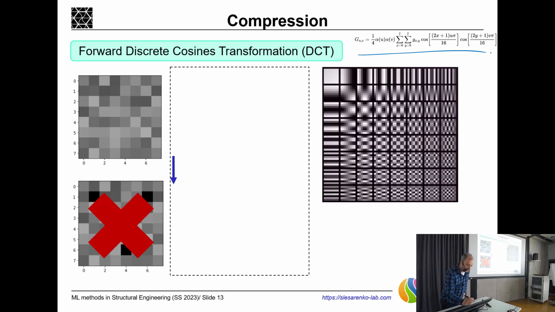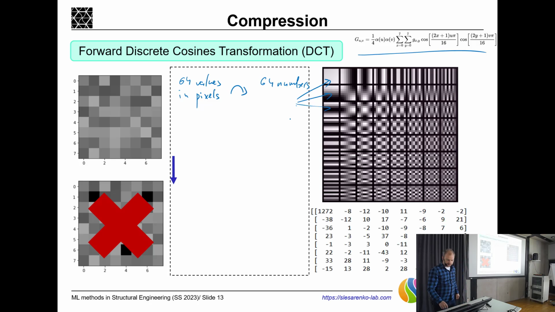Here I have 64 pixel values, and this transformation still returns 64 numbers, but related to how much of each pattern I have inside of my 8x8 block. So at the end I have this matrix, an 8x8 matrix.